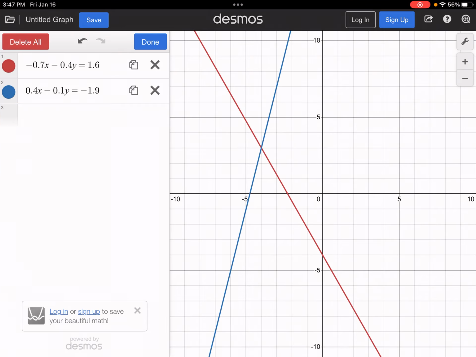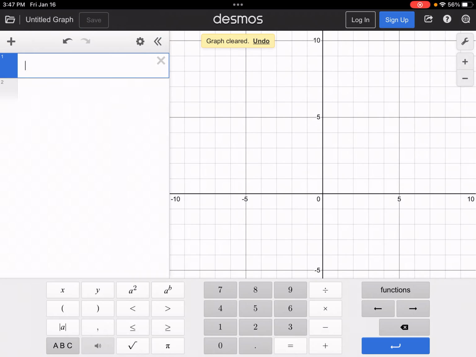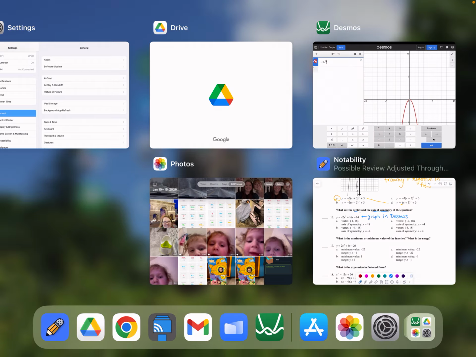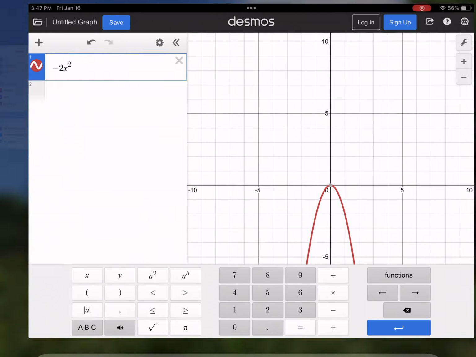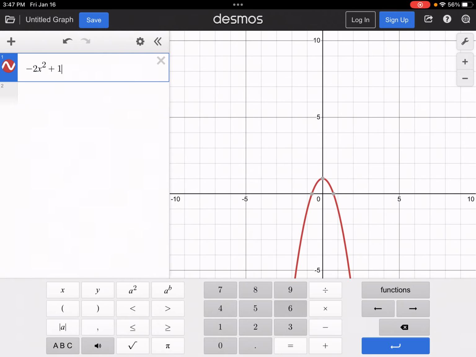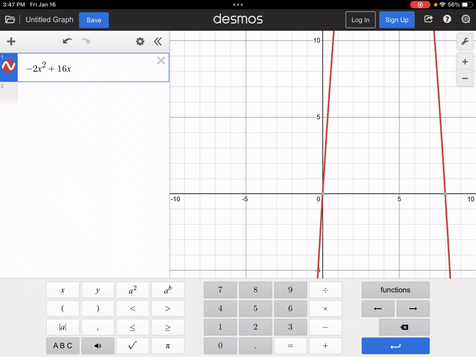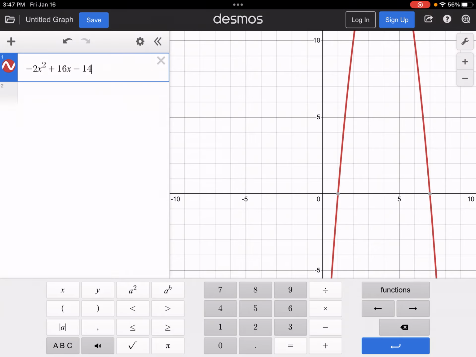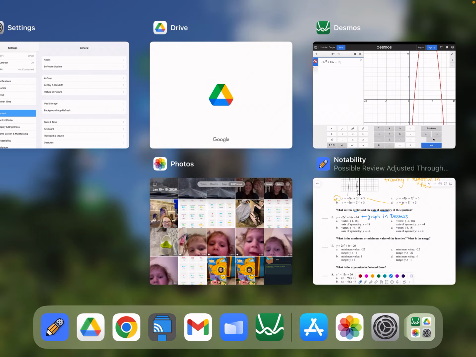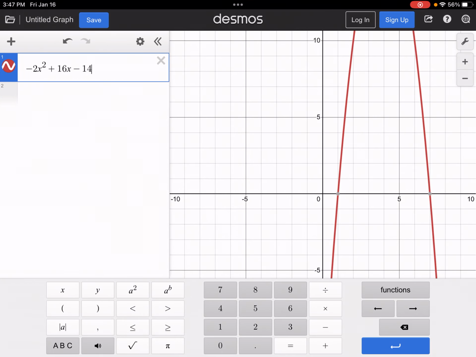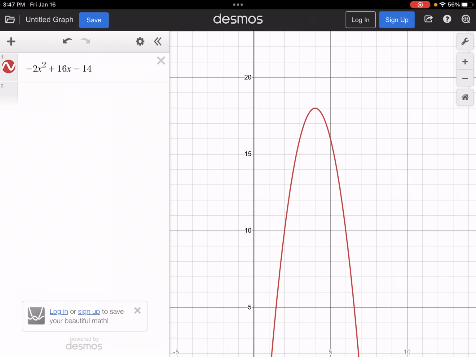So negative 2x squared plus 16x minus 14. Okay, good. And if I do that, I can grab this, and the vertex is at 4, 18.